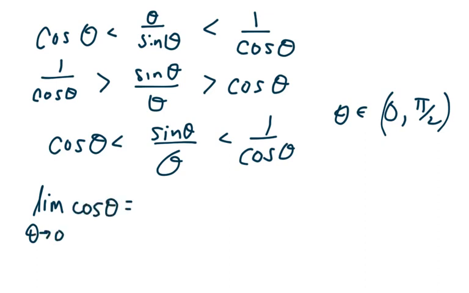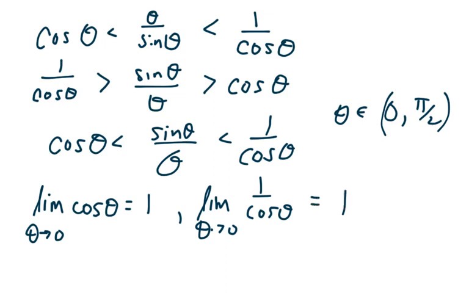So if I take the limit of the lower bound as theta goes to 0, I can use direct substitution. If I evaluate cosine at 0, I get 1. If I evaluate 1 over cosine theta, the upper bound, as theta goes to 0, I also get 1.